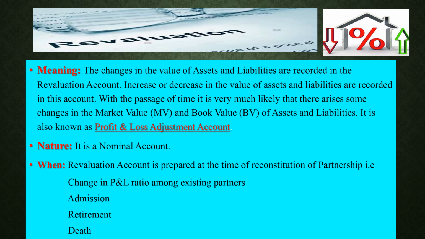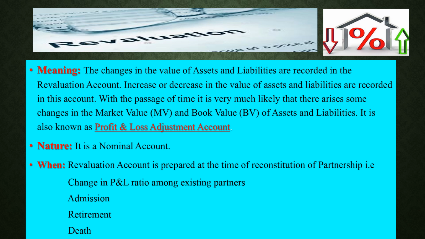Revaluation account. Its meaning: the changes in the value of assets and liabilities are recorded in the revaluation account. In simple words, increase or decrease in the value of assets and liabilities are recorded in this account.